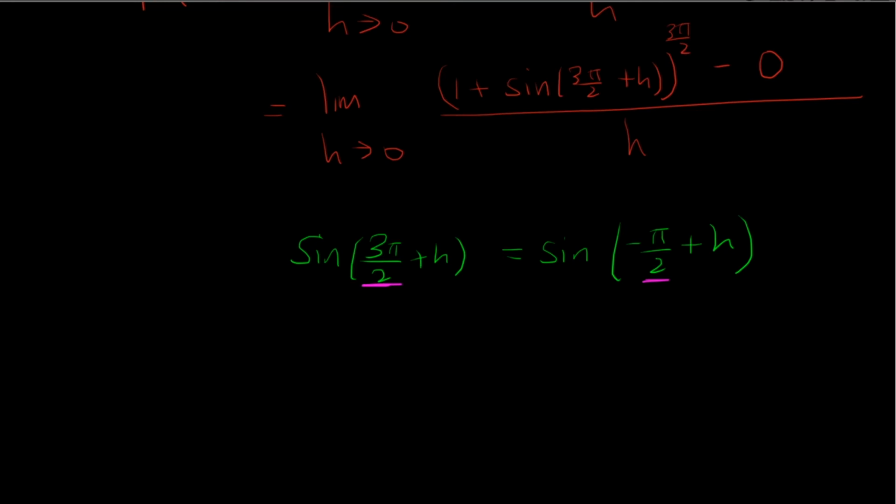And going a step further, this is negative cosine of h. So we're going to replace sine of 3 pi over 2 plus h with negative cosine of h.